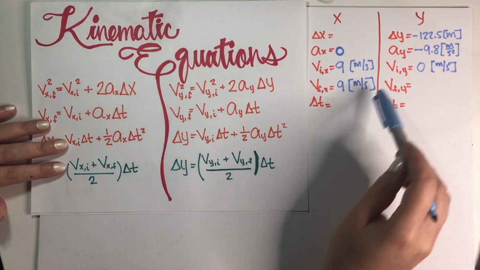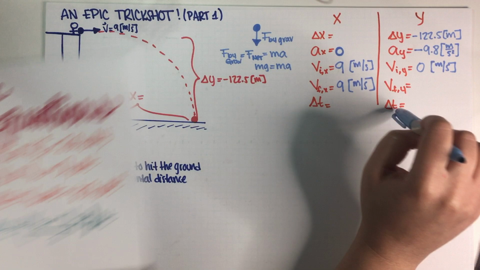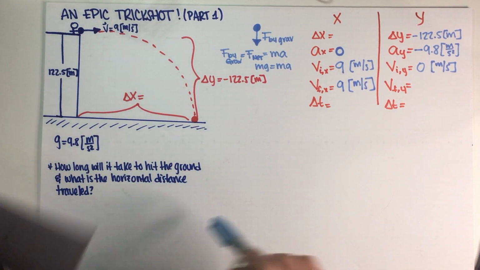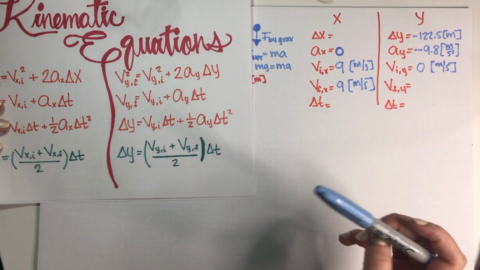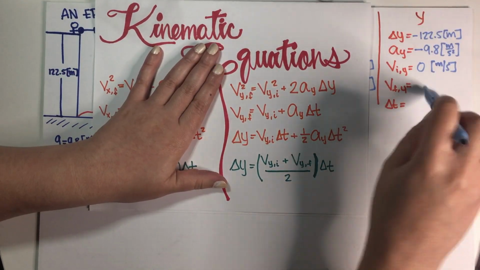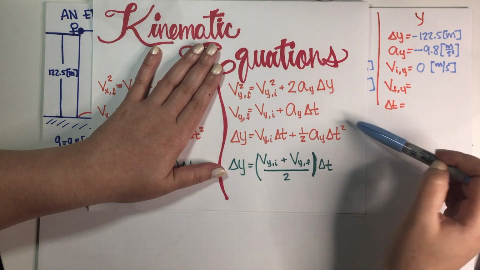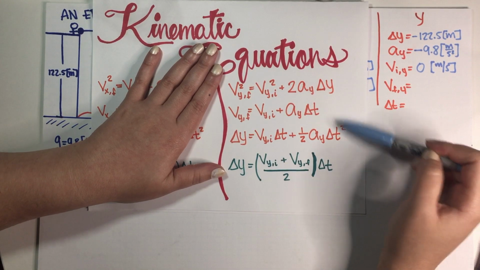So what I can do is try to find delta t first, because I do need to find delta t anyway, and then see if that helps. So I'm going to start with my y component, which is this information and these equations, and I do need to find delta t. So let's see. I have 3 equations with delta t.